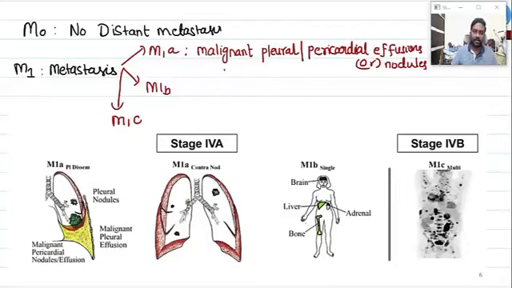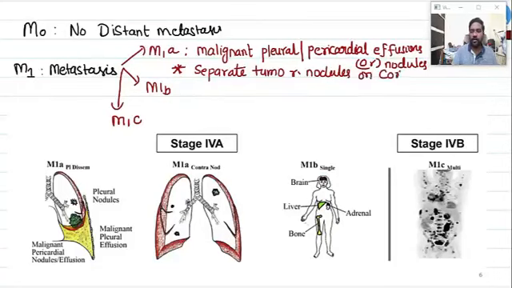So either pleural effusion, pericardial effusion, or nodules on the pleural or pericardial areas which are suggested to be malignant. Along with that, for M1A, the patient might be having separate or satellite tumor nodules on the contralateral lung.